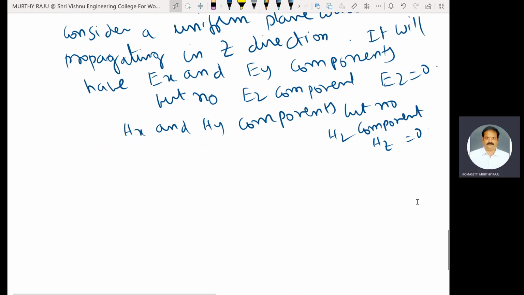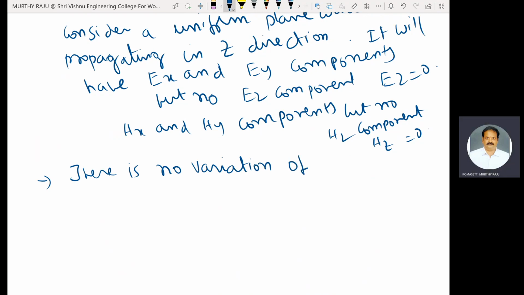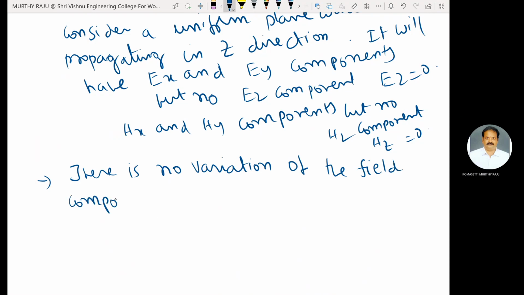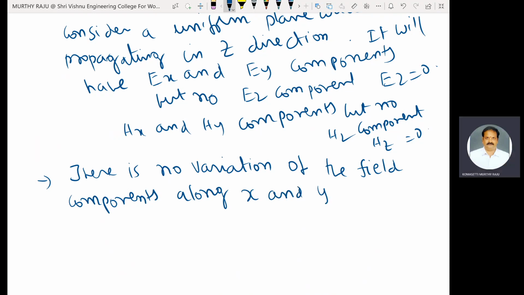There is no variation of the field components along x and y directions.